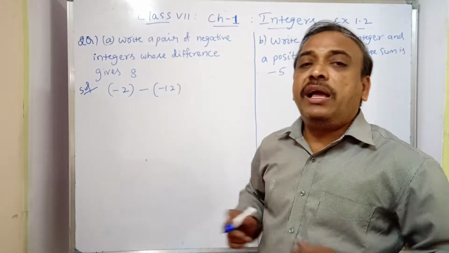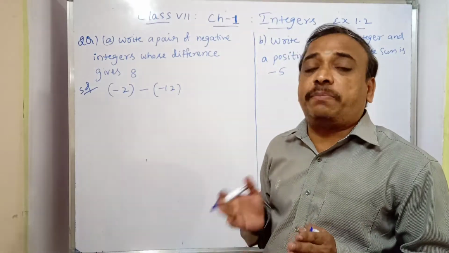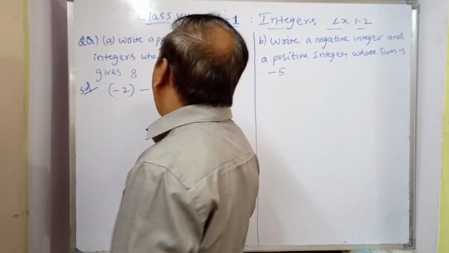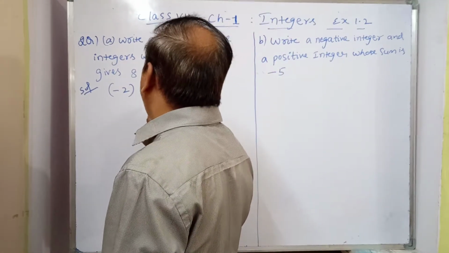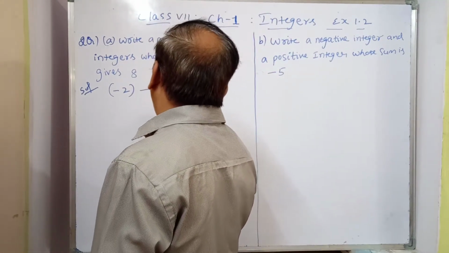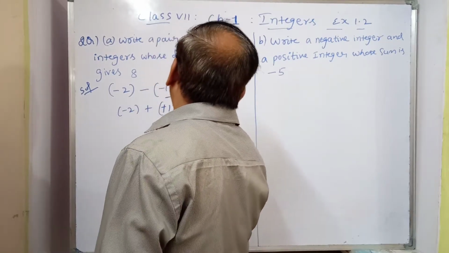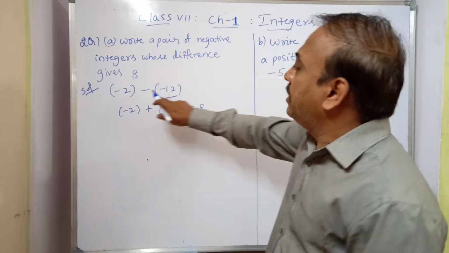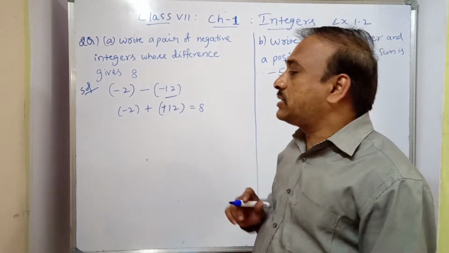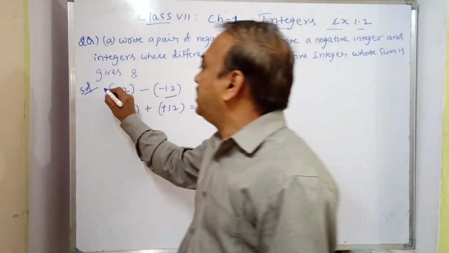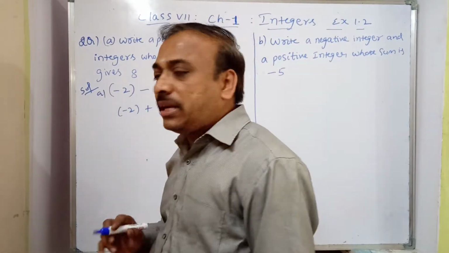As we know, subtraction is nothing but adding its additive inverse, so plus 12 plus minus 2 will give you 8. So the pair is minus 2 and minus 12. This is one example.